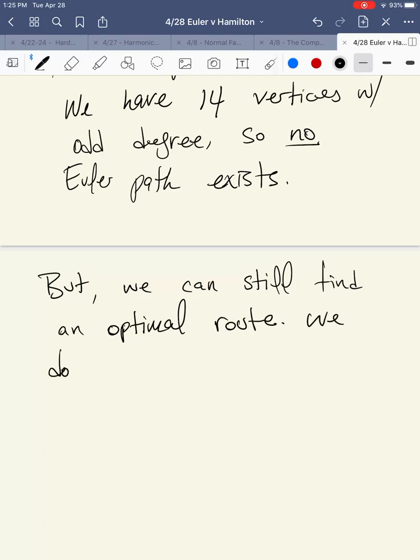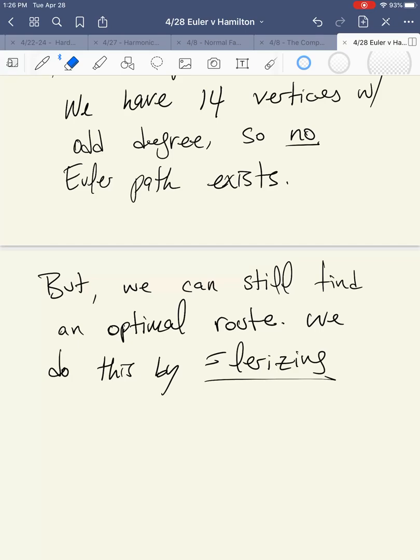We do this by Eulerizing the graph. That should be a U. Eulerizing the graph.